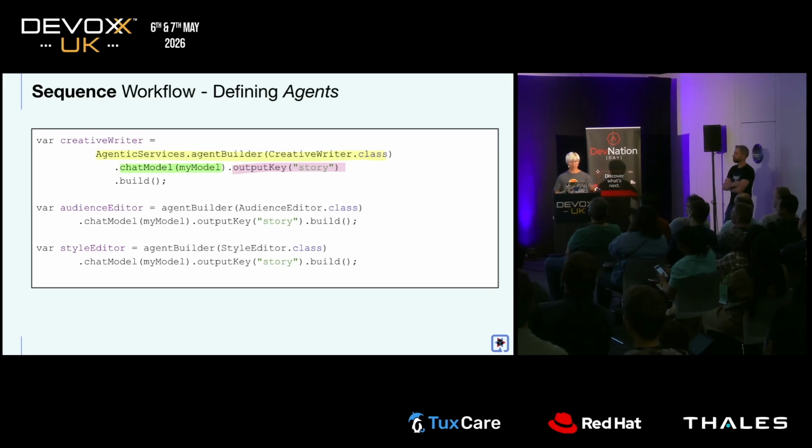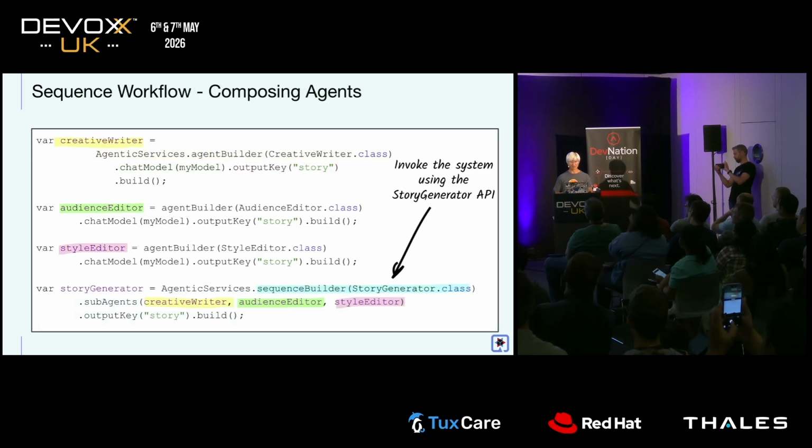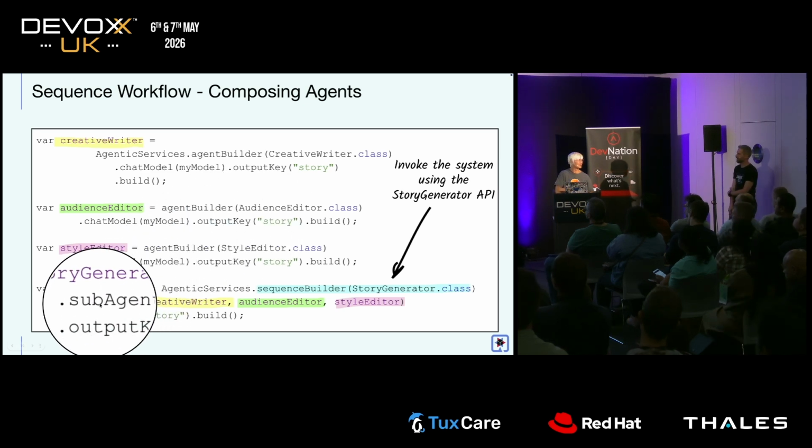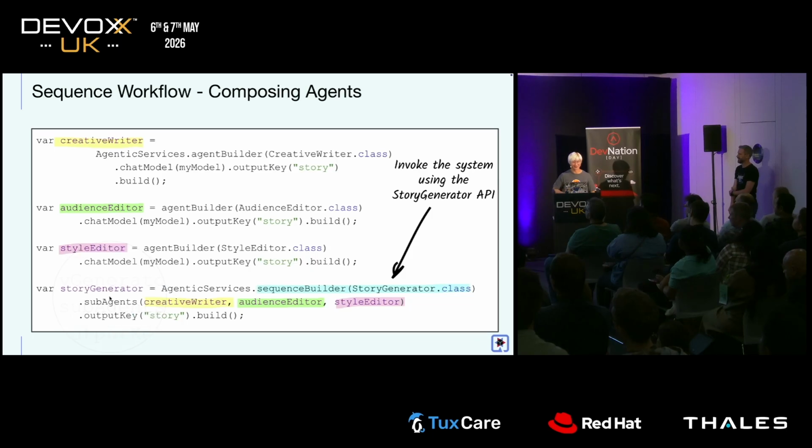And so we have three different agent builders, and based on those agents, finally we have a story generator, which uses the sub-agent technology. At the sub-agents we can add a creative writer, audience editor, and style editor.